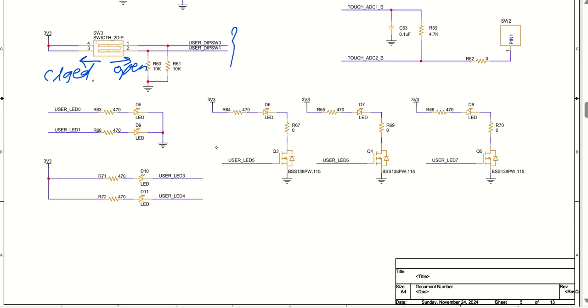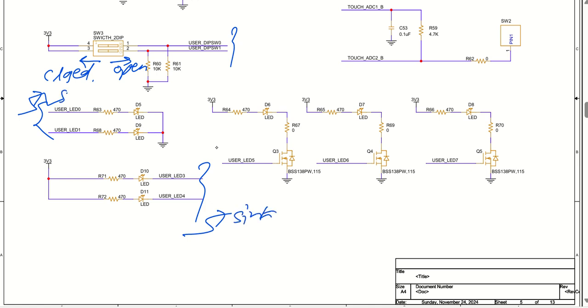Now let us talk about the LEDs. As you can see, two LEDs have been used where my microcontroller pin will be acting as an output pin, as a source. Then these two LEDs have been used where my microcontroller will be acting as a sink.